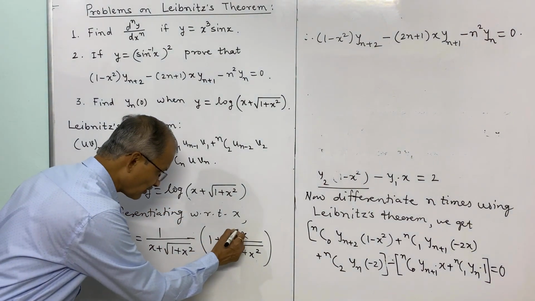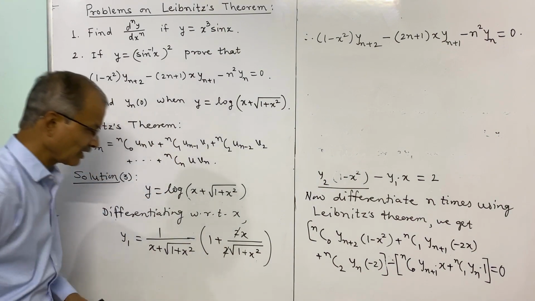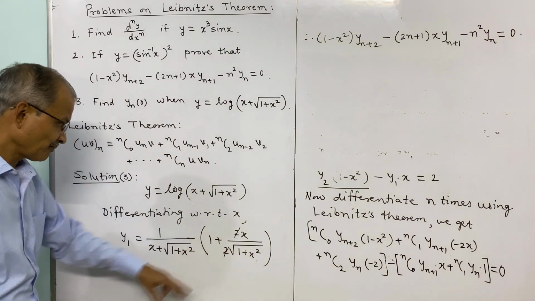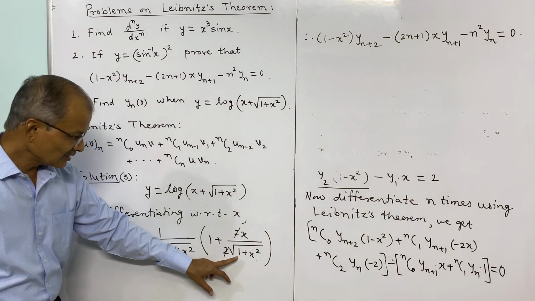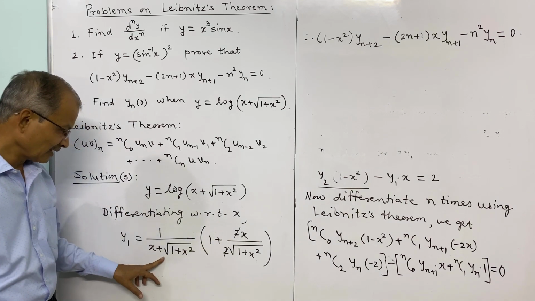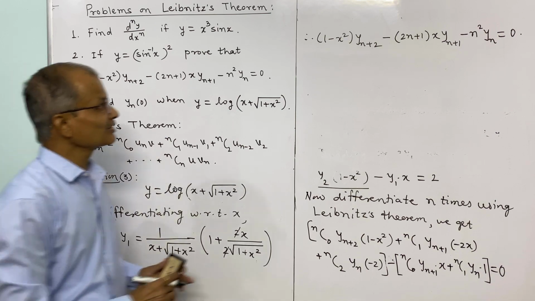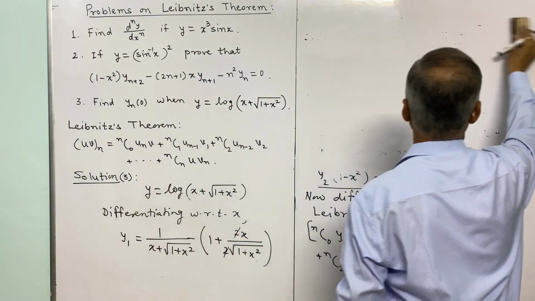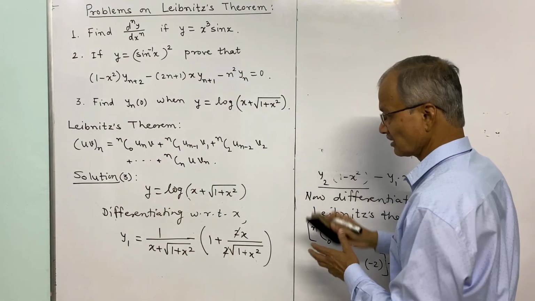This 2 divides 2, we get 1, and we add this term, and after addition this term will be root of 1 plus x square plus x, and that cancels with this. So what remains on the right side is y1 after simplification. You should verify this.